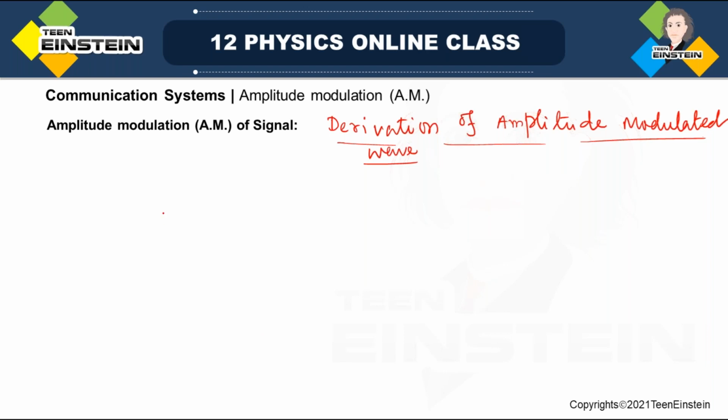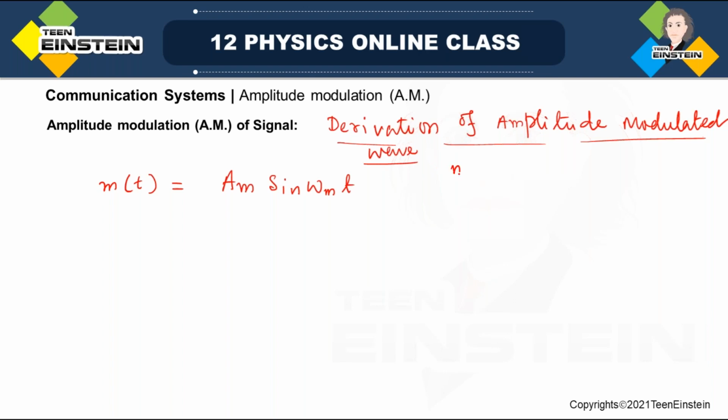Okay, so let us say the modulating signal or the message signal is denoted by m(t). I'm just writing here, m(t) is equal to Am sine omega m t.